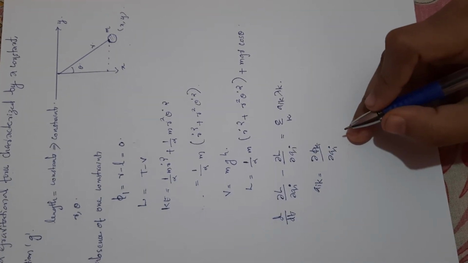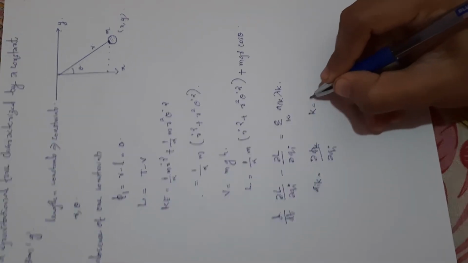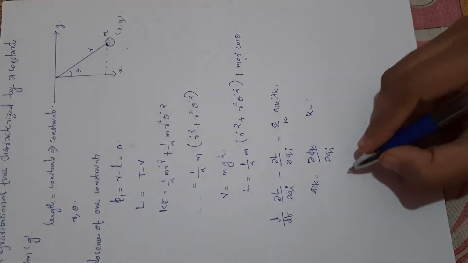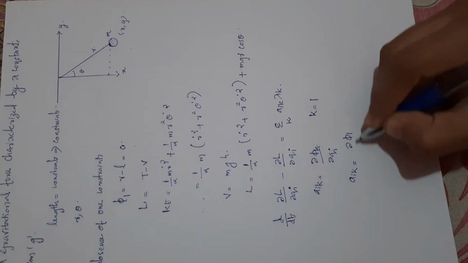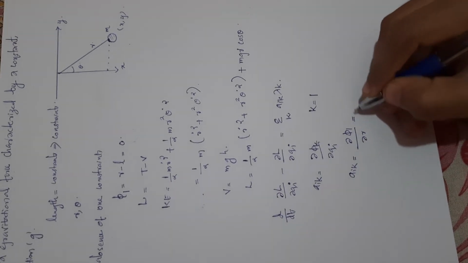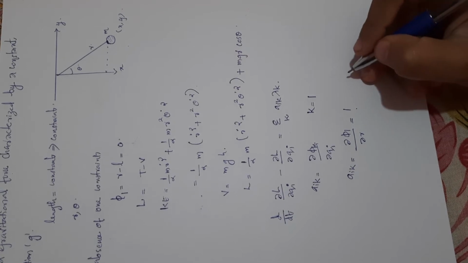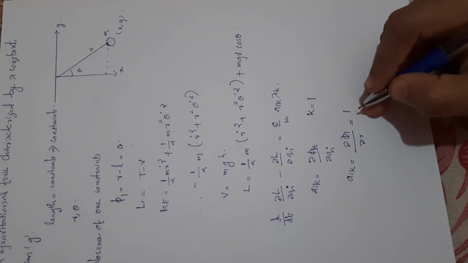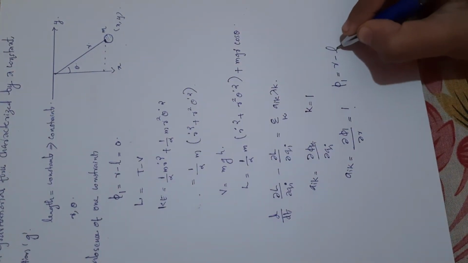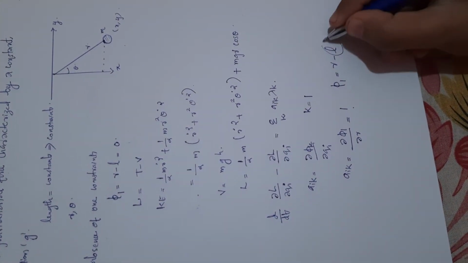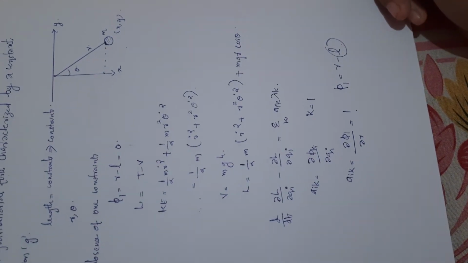Here only one constraint is there, hence we can write k is equal to 1. So we can write a r1 is equal to dou phi 1 by dou r is equal to 1. We know that L is a constant and phi 1 is equal to r minus L, so with respect to r the differentiation will give 1.